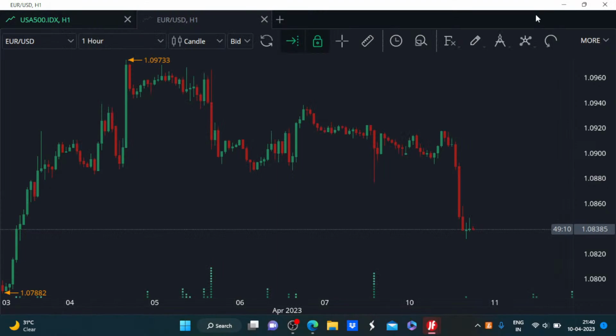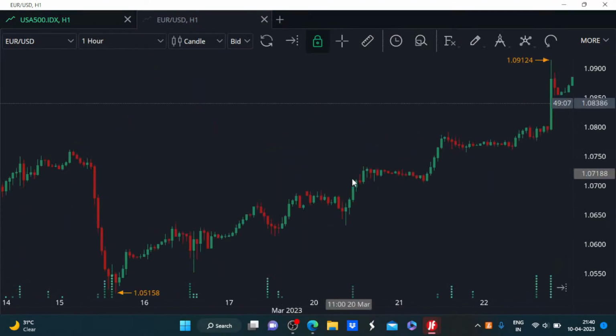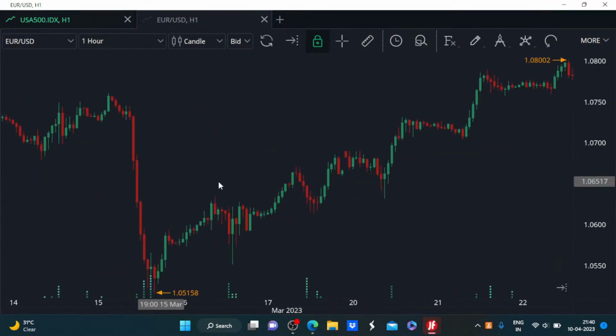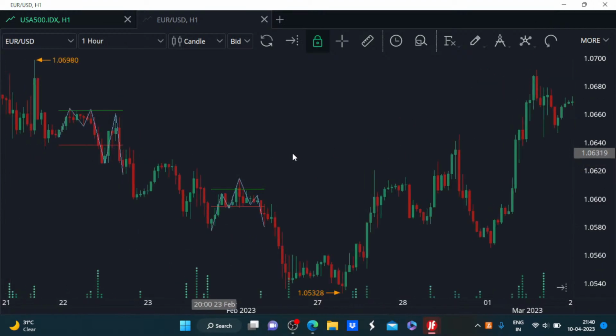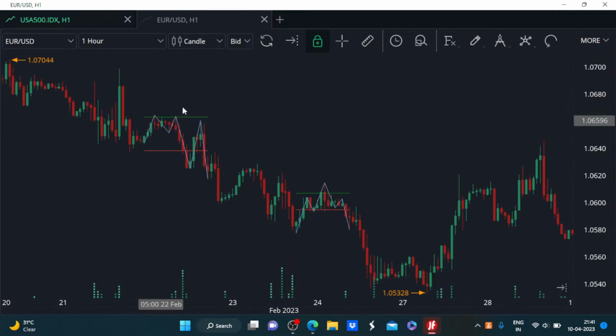So let us go back in time and see where this formation might have happened recently on the hourly time frame.